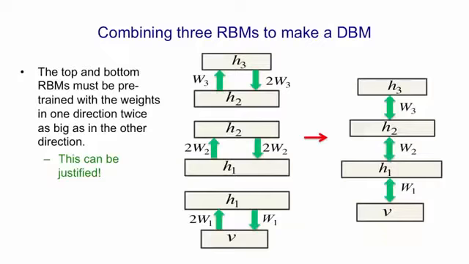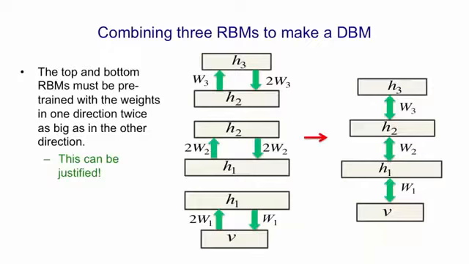If you look at the layer H1, we have two different ways of inferring the states of the units in H1 in the stack of restricted Boltzmann machines on the left. We can either infer the states of H1 bottom up from V, or we can infer the states of H1 top down from H2.